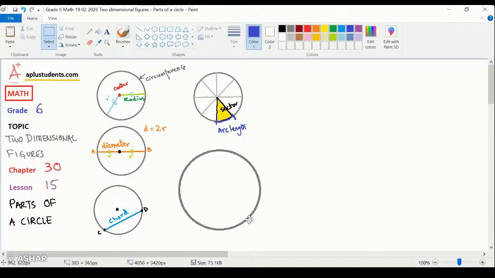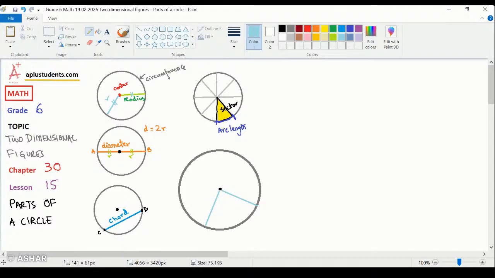The sector is always made from the center of the circle. The dot represents the center. If we have the radius and the radius, this is a sector.